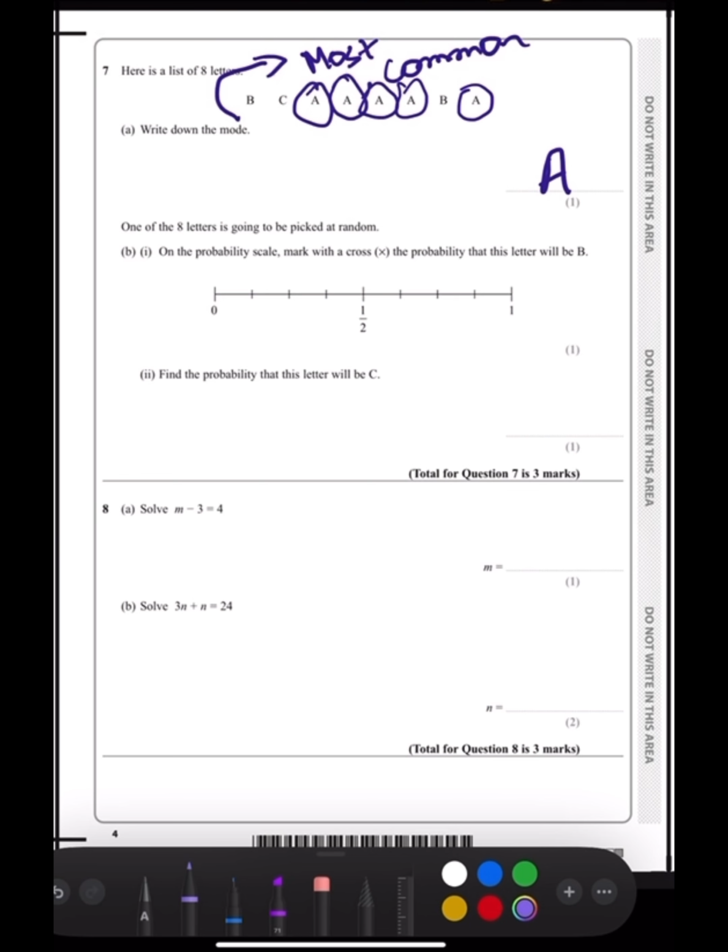So for the probability, as they've said, on the probability scale, mark with a cross the probability that this letter will be a B. So how do you know that this letter will be a B? As we know that B appears twice, this would be an answer of 2 by 8. So for this one, we're going to simply write firstly 2 by 8.